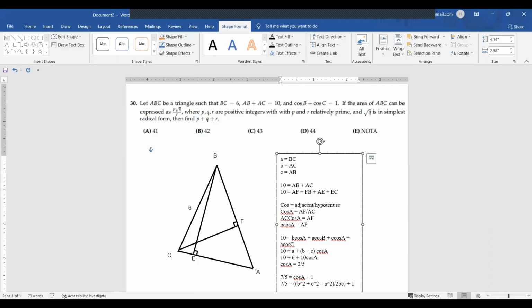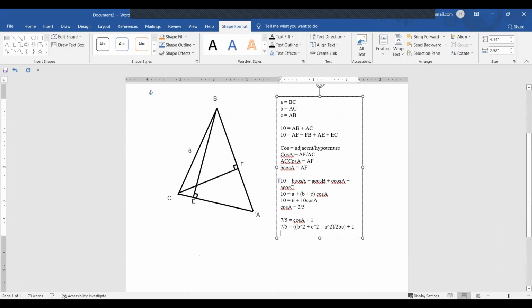And then from there, because we want the whole fraction to be simplified, we can say that 7 over 5 is equal to B squared plus C squared plus 2BC minus A squared over 2BC, because we just added 1 to the whole fraction.